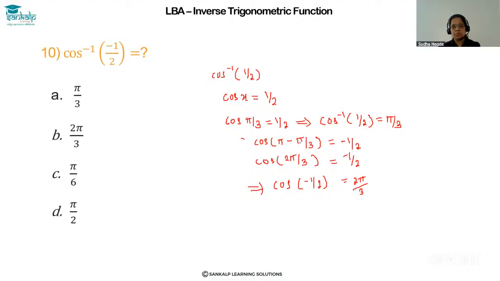So pi minus pi by 3 is in the second quadrant and cos of pi minus theta is minus cos of theta. That's why you are taking pi minus pi by 3. Got it right? So check the options. Option A pi by 3, option B 2 pi by 3, option C pi by 6, option D pi by 2. So option B 2 pi by 3 is the correct answer. Thank you.